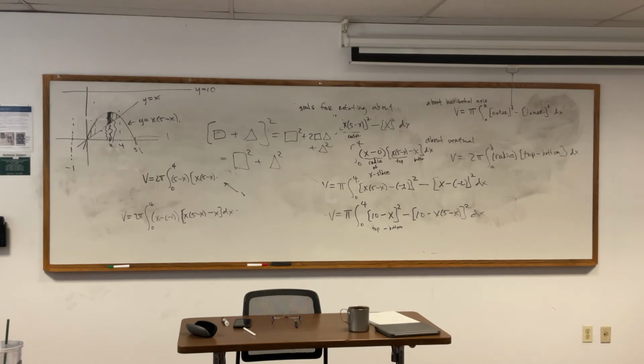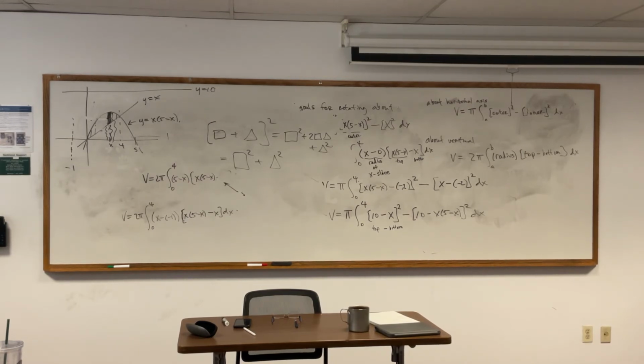Can you picture that? Here, let me draw. So we've got a little region like this, and this is 1, this is minus 1, right? We're taking that and spinning it around 4.